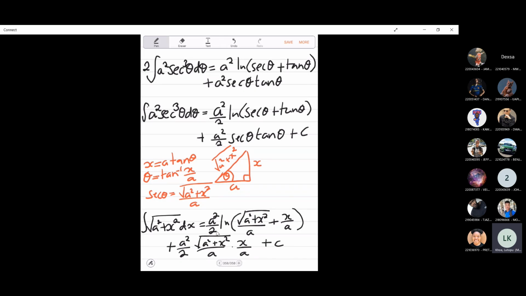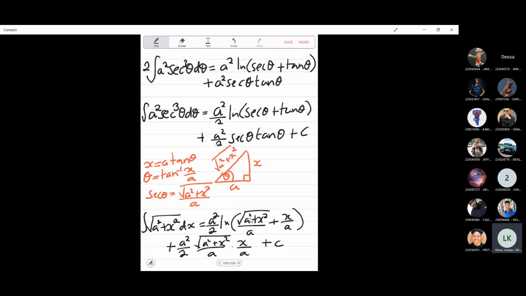Okay, so what you'll notice in the book, or what was done, is here what we're taking ln of this, the denominators are the same, so you can combine the fractions.